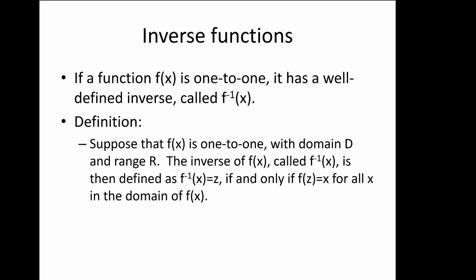So I don't really want to read this paragraph. You can read it if you want. I'll pick it apart a bit. The first sentence says that if a function is one-to-one and it has domain D and range R, then the inverse function will have domain R and range D. That's how you could decompose that sentence.